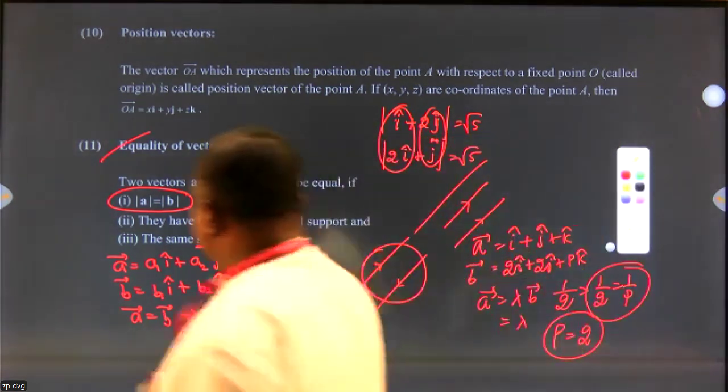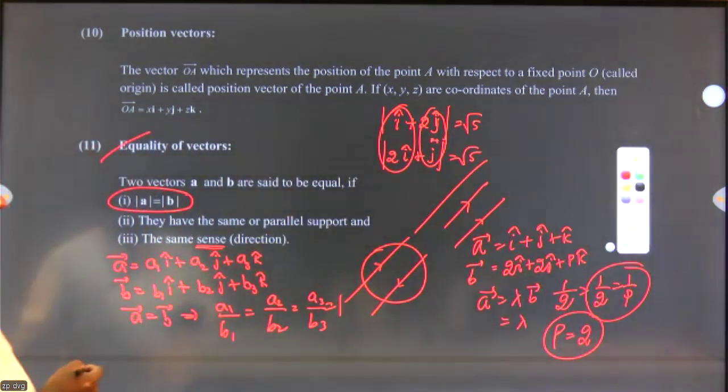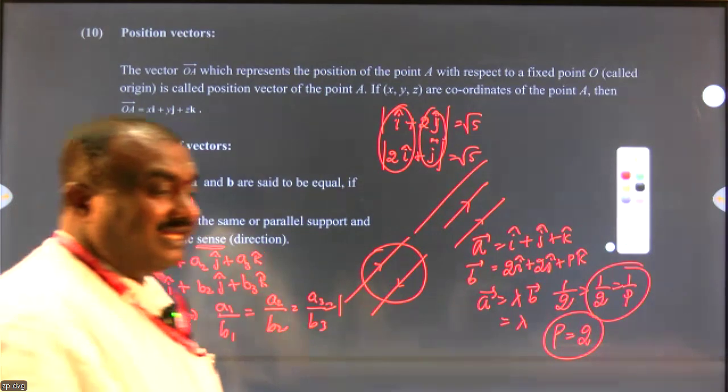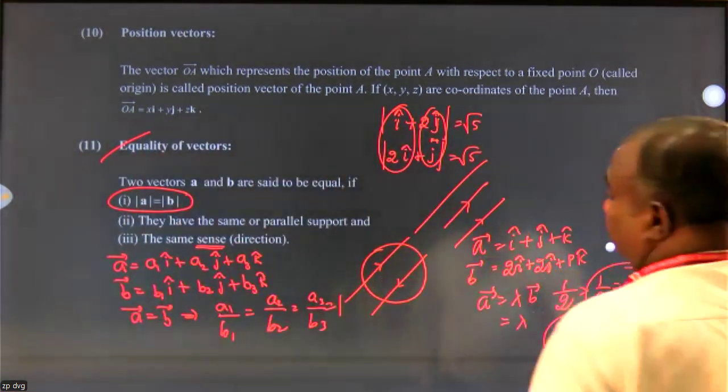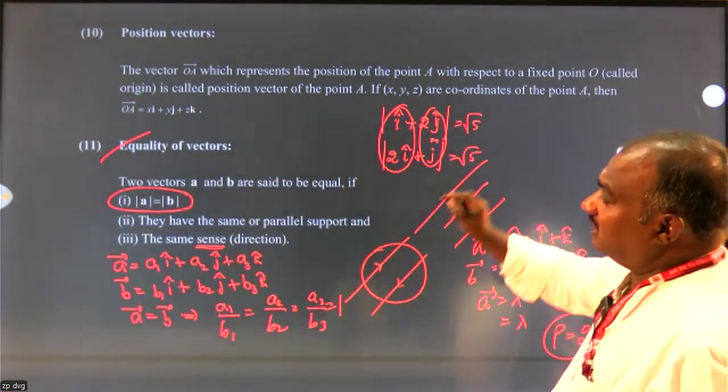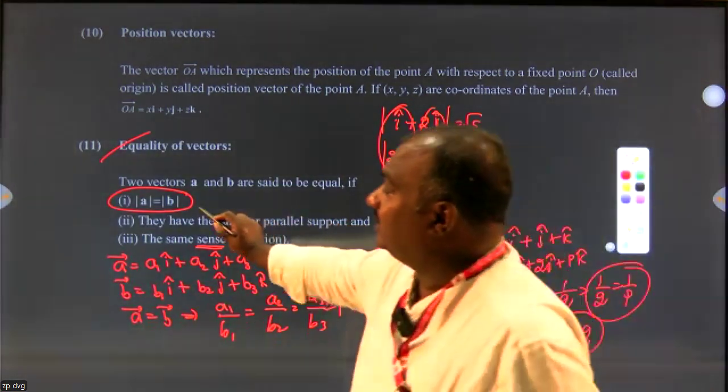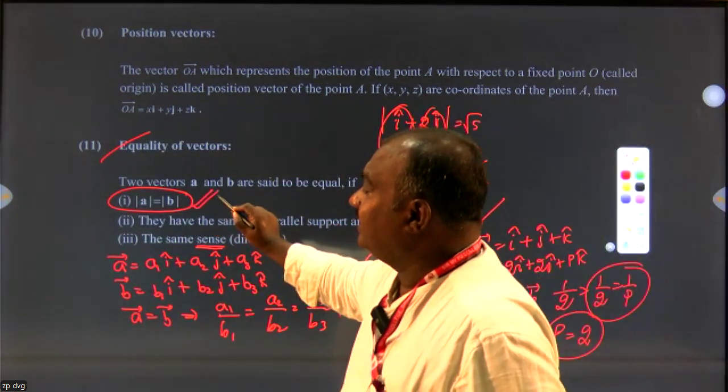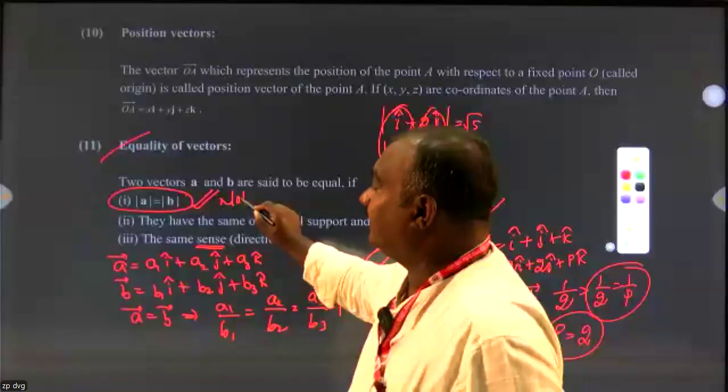And equal vectors means ultimately equal values should be there. Then they are said to be equal vectors. And we should remember that for equal vectors, modulus of a bar equal to modulus of b bar is not enough of a condition.